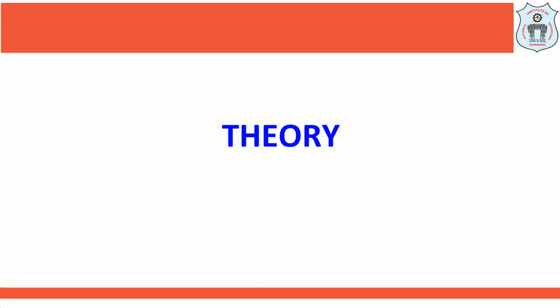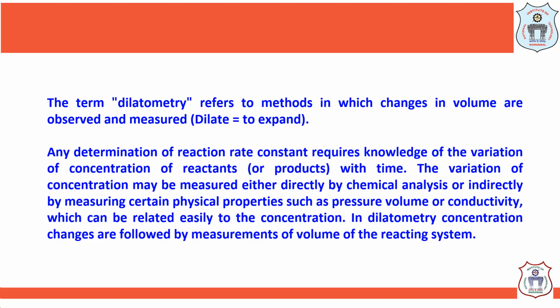Coming to the theory part of the experiment, dilatometry refers to the method in which changes in volume are observed and measured. The term dilate means to expand. Any determination of reaction rate constant requires knowledge of the variation of concentration of reactants or products with time.